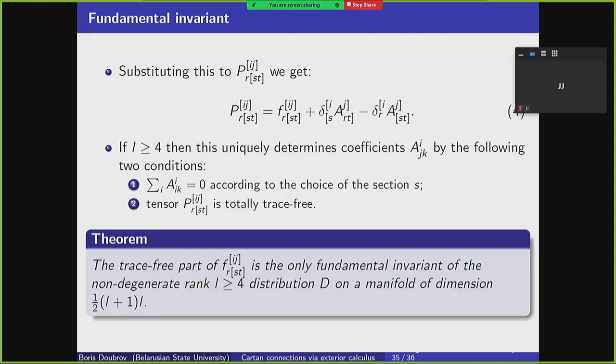So the rest, even if we haven't yet computed it, can be computed as a fundamental derivative of this piece. So this is an extra algebraic data.